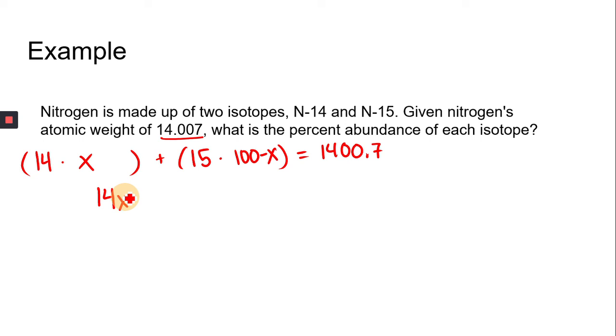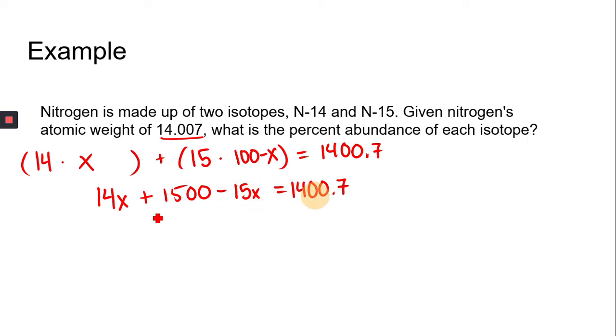So simplifying this, 14X plus, and then I'm going to distribute, so 15 times 100 minus 15X is equal to our 1400.7. I'm going to combine my like terms.